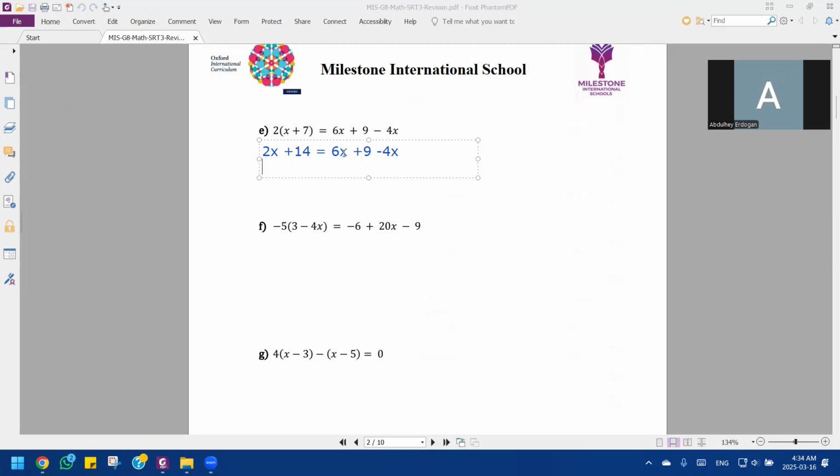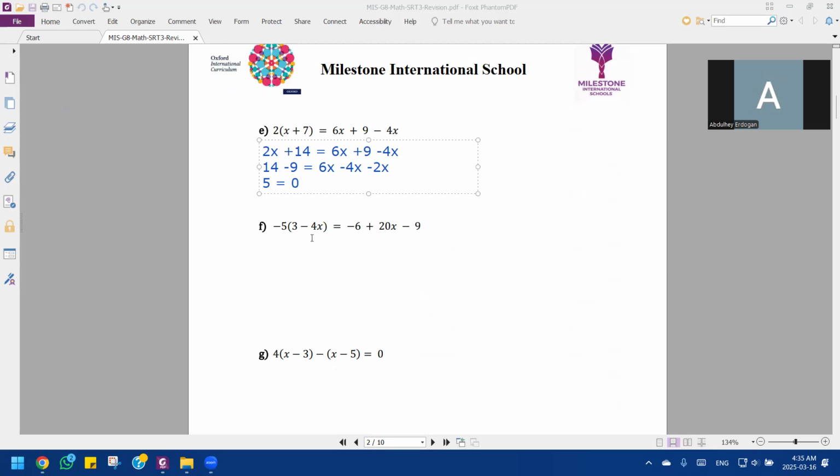So since I have 6x and minus 4x on the right, let me take 2x to the right side and bring 9 here. 14 minus 9, because I bring it here, is equal to 6x minus 4x, and then bringing 2x there will be minus 2x. Simplify: 14 minus 9 is 5, equal to 6 minus 4 is 2, 2x minus 2x is 0.